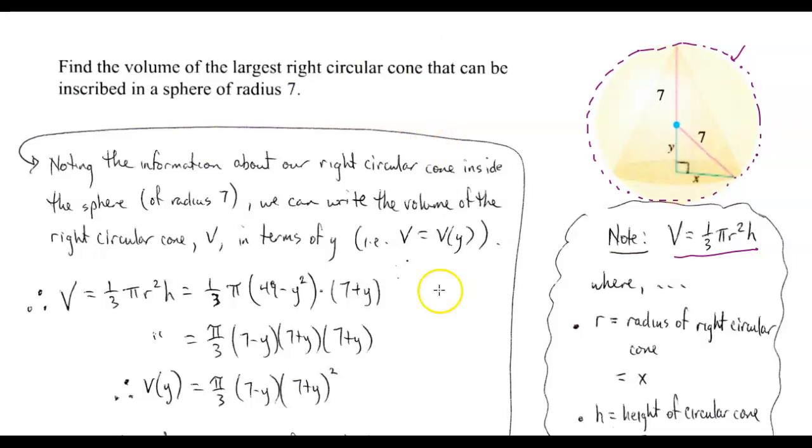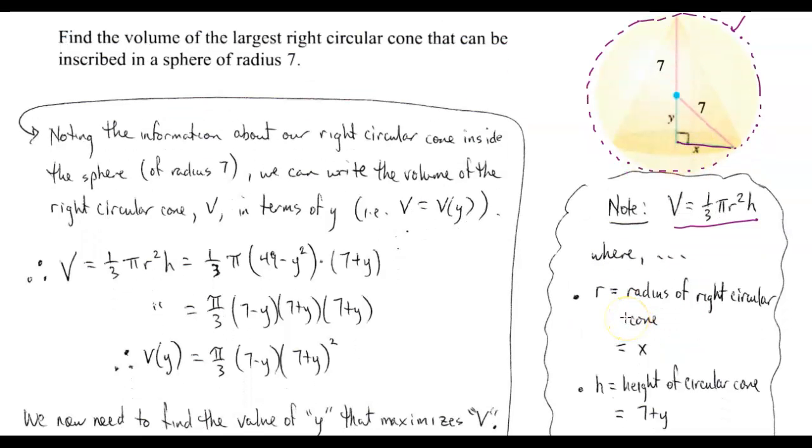Now, things that we need to define are, first, the radius of the right circular cone, and that's what this length x is here. We also have the height of the circular cone, which is the length from here to here, which is 7 plus y.